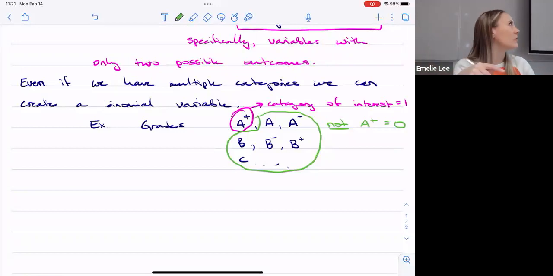But if we flip it and say, I'm interested in who's going to fail this course, then the people who fail would be coded as a success, because that's the group that I'm interested in, kind of modeling their behavior.